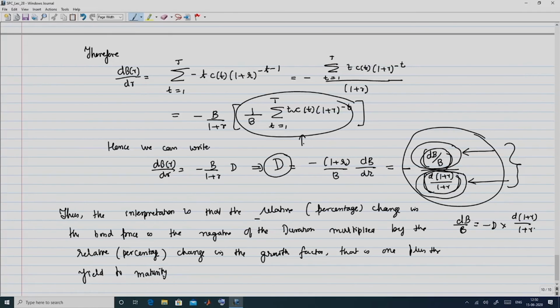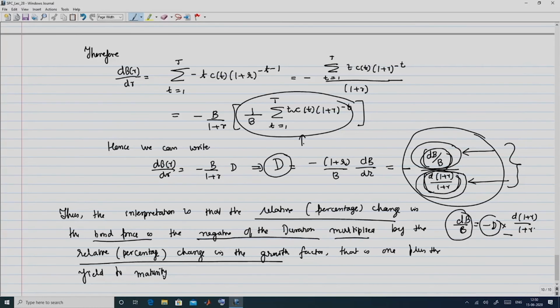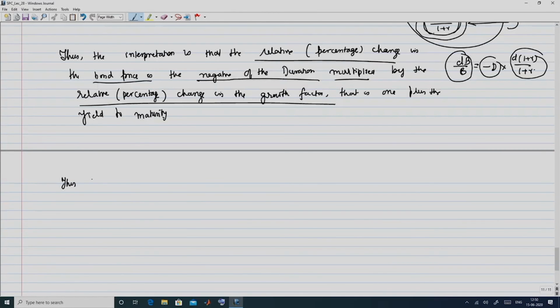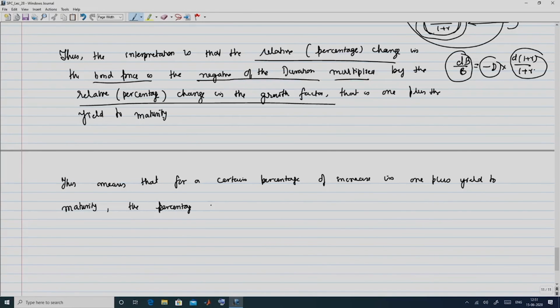So, this is what I said: the relative change in the bond price, that is dB over B, is the negative of the duration, that is minus D, multiplied by the percentage change in the growth factor, that is 1 plus R. So, this means that for a certain percentage increase in 1 plus the yield to maturity, there is a corresponding percentage change in the bond price.